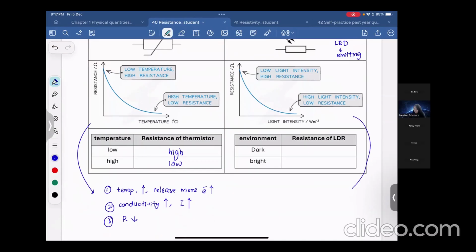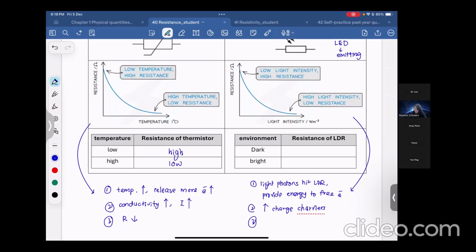Okay, why does it happen? Number one, when light photons hit the LDR, they provide energy to free the electrons, to let more electrons come out. So here we increase the charge carriers. Charge carriers are protons or electrons, but the ones that can move in the circuit are electrons.